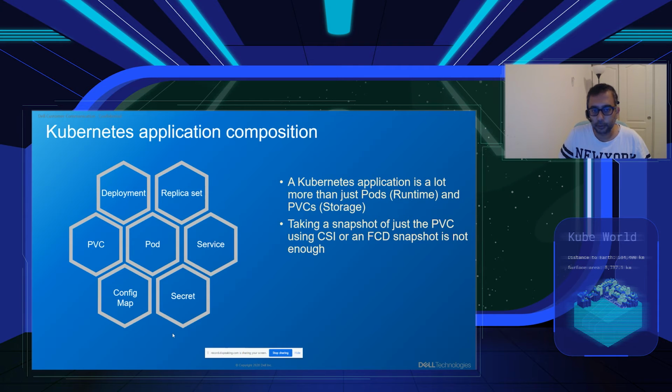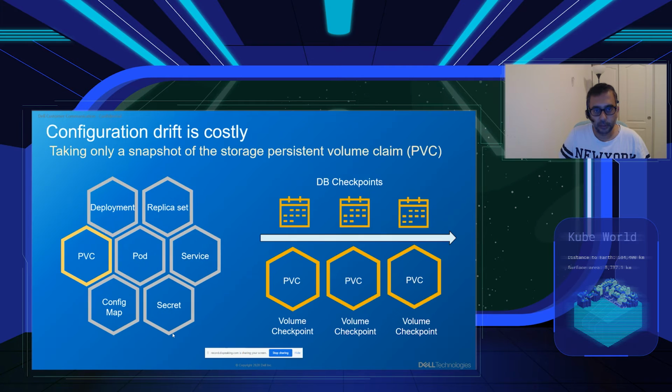When you take a snapshot of an application, in the typical traditional mechanism you just take a snapshot of the database volume or the PVC using the CSI format, and that's not enough. Let's look at why that is not enough. Let's assume that you have an application and you are taking periodic database checkpoints, say hourly.